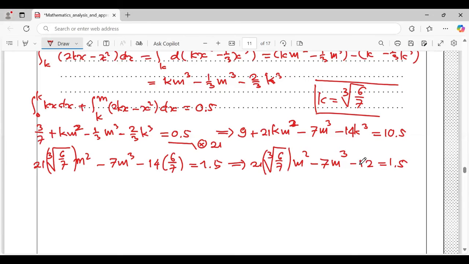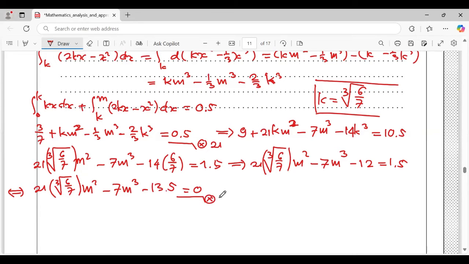And next, minus 12 minus 1.5, it's going to be 21 cube root 6 over 7 m squared minus 7 m cube minus 13.5 equals 0.